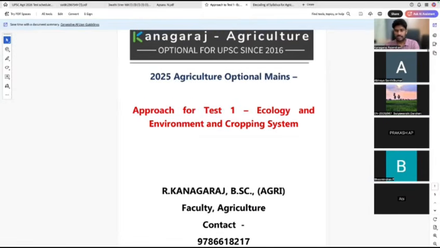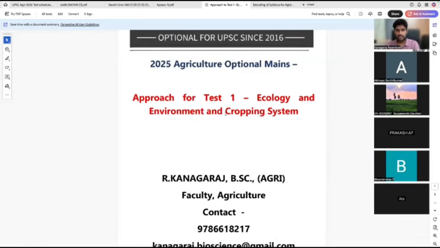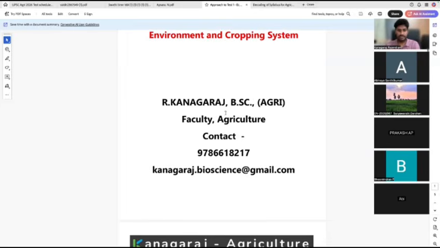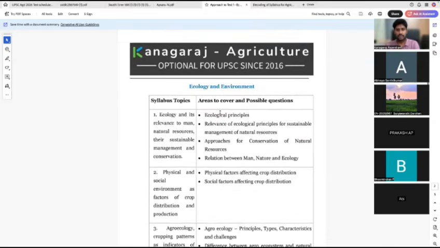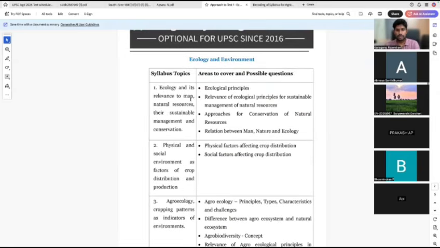This is our test one syllabus, and it's going to start from October 15. Based on the syllabus topics, we need to decode the syllabus: what possible questions we can expect from this area, what areas we have to cover, and what the subtopics within the main topic are.